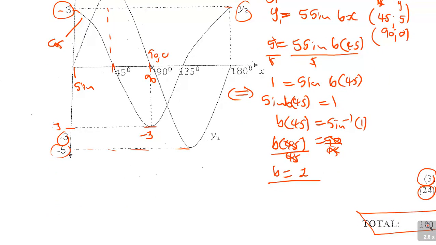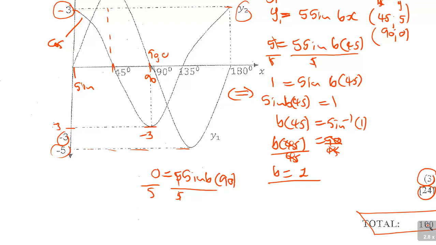So where there is y, I put 0 is equal to 5 sine b90. So divide by 5, divide by 5.